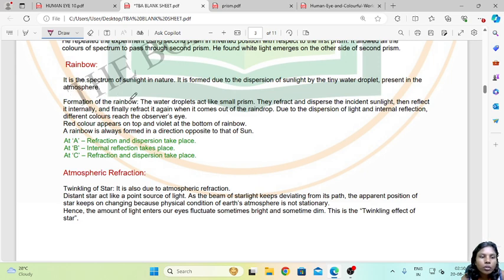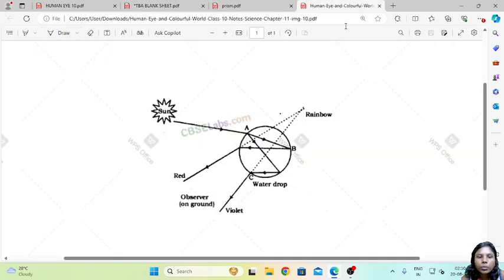Now, the formation of the rainbow. The water droplets act like small prisms. Each water droplet acts like a small prism. They refract and disperse the incident sunlight, then reflect it internally, and finally refract it again when it comes out of the drop. If you look here, this is the sun and this is the water droplet.